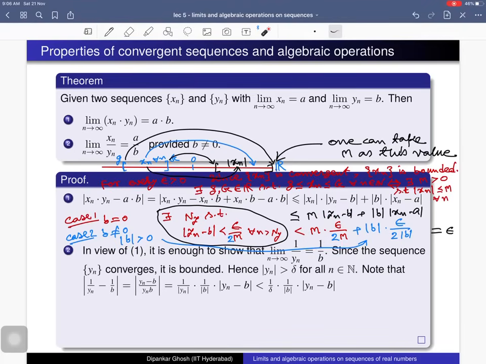For the same reason, since a is the limit of this sequence, a should satisfy the epsilon-n condition. So for that we consider this particular quantity, which is some positive real number.